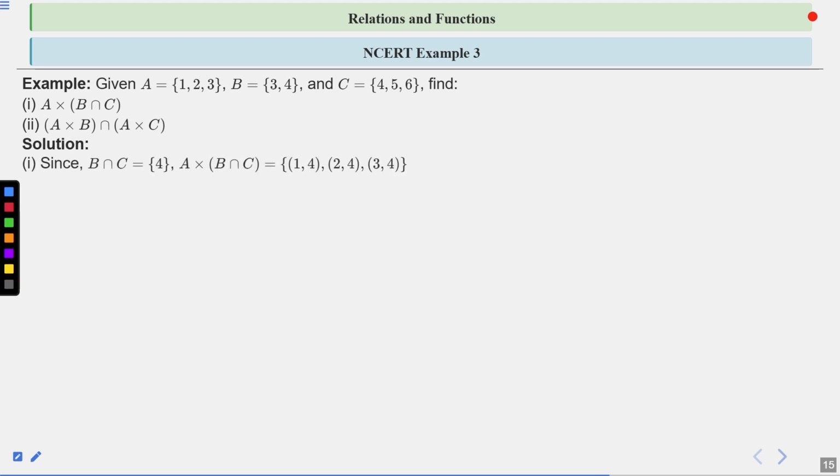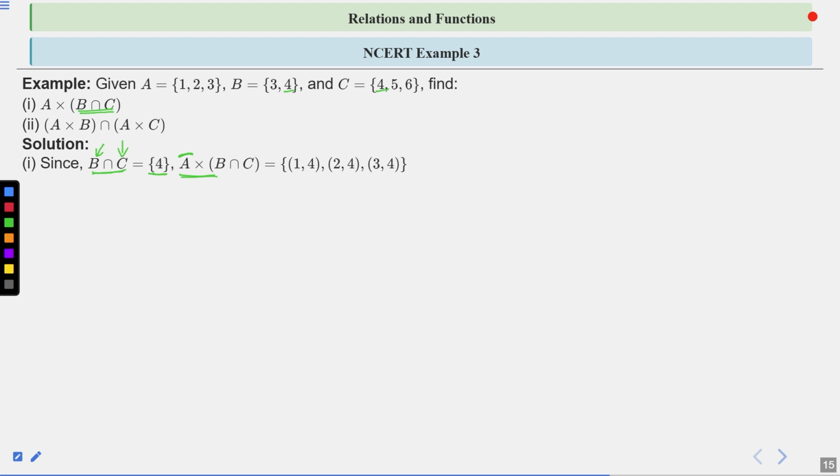So solution, very simple. First you have to solve the bracket B intersection C. What this set represents is all those elements which belong to both set B as well as C. So you have only one element which belongs to both sets B and C, just 4. So this intersection will be a singleton set. Now you can easily find the Cartesian product A cross (B intersection C).